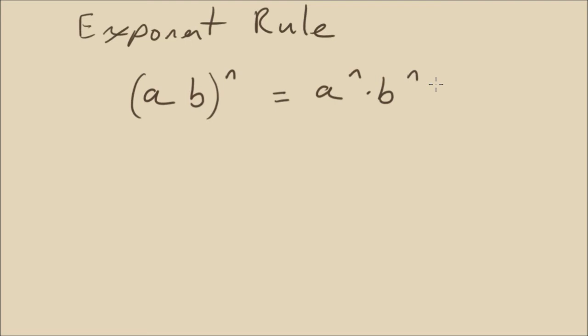Showing an example that's not really going to help you all that much. Let's say n is 2, and let's say a is 5 and b is 4. Gotta keep with numbers I can deal with in my head here.